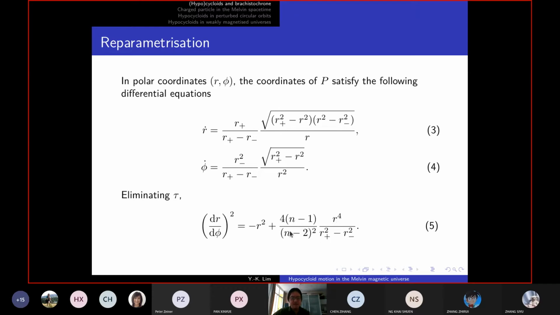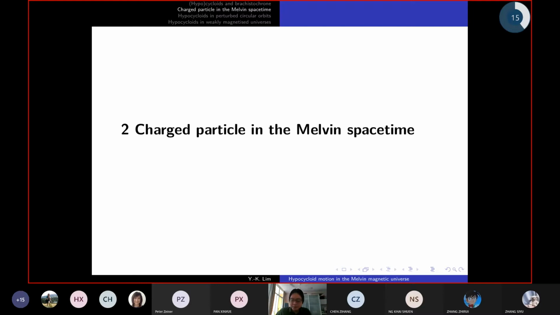So the right-hand side is just a polynomial of degree 4, and these are the constants. So these three equations, for r dot, phi dot, and dr/dphi, will describe the curve. I'm going to keep this equation aside, and we will come back to it later. But so far, all these are the important features of the hypocycloids that I will use later.